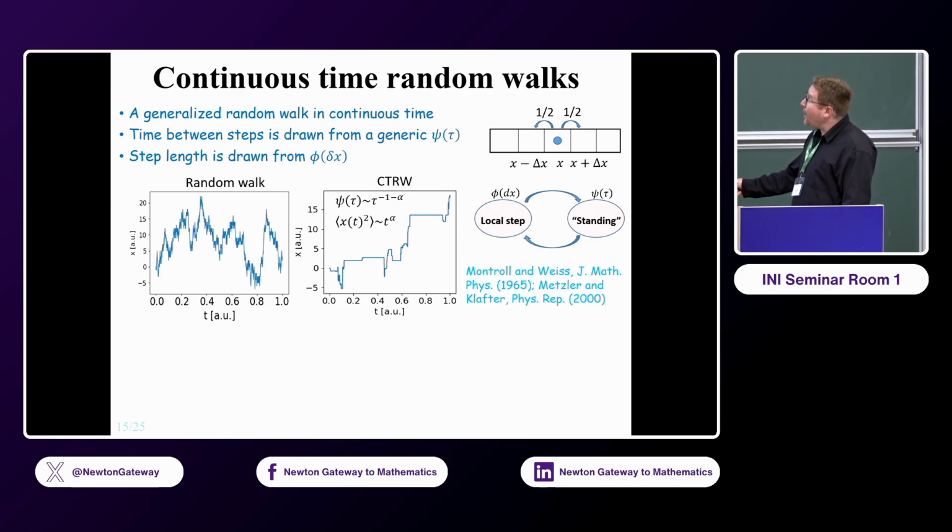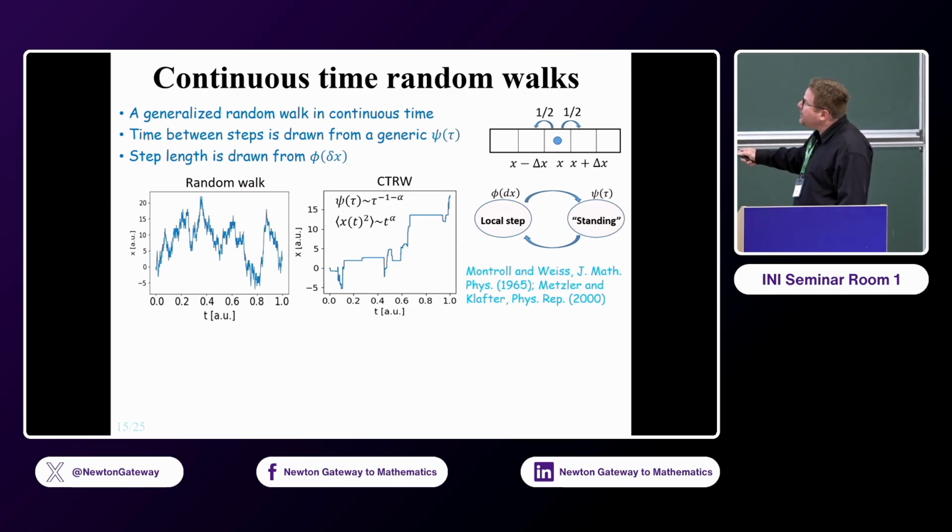For example, a power law distribution for the waiting times, which has a diverging mean for alpha smaller than 1. And in this case, the mean square displacement grows sublinearly in time. So it grows as t to the power of alpha with alpha smaller than 1. What describes this process is these long stretches where nothing happens, because you sample longer and longer waiting times, and until then, nothing happens. So you see these long stretches, and the motion is much slower.